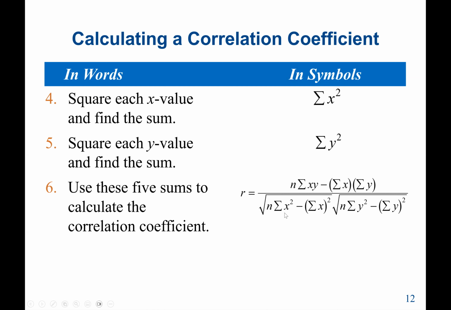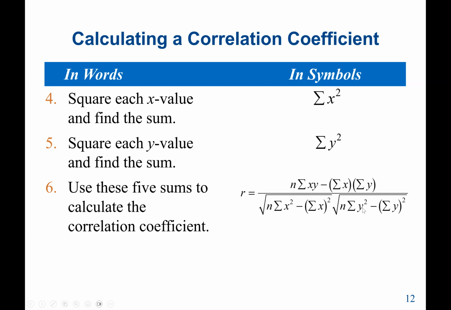Now there is a difference between the sum of X squared and the sum of X all squared. The sum of X all squared means we find the sum of X, then we square it. But the sum of X squared means we square each X value, then we sum it. So the two will give us different answers.